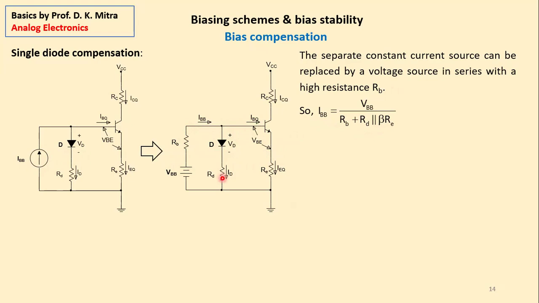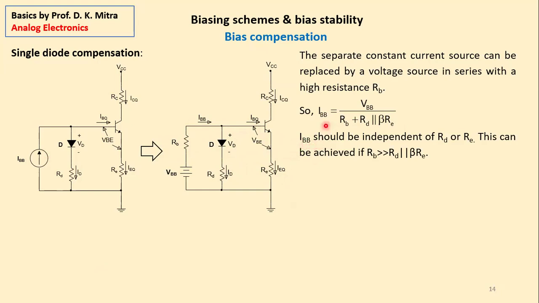But RE should be multiplied by beta if you reflect it in the input side. I think this technique you have also learned in your first year device subject: the emitter is carrying the emitter current, which is beta times the base current. So obviously, as an equivalent, if you reflect this resistance in the input circuit, RE has to be replaced by beta RE, right? So the resistance in this path is RB plus RD and beta RE in parallel.